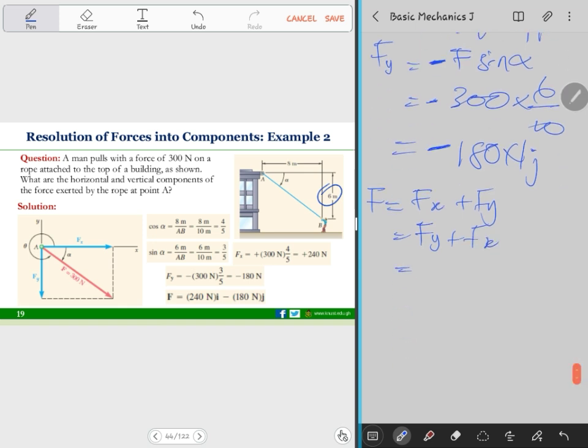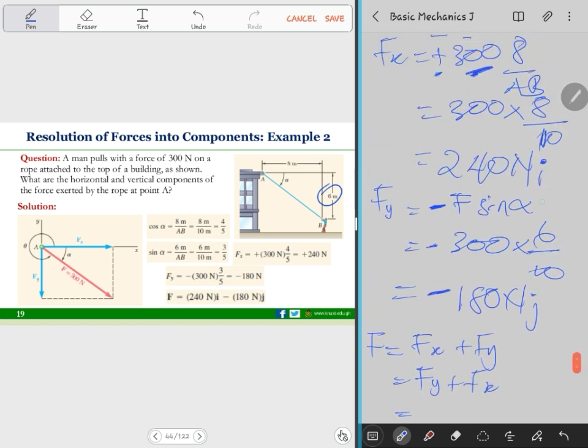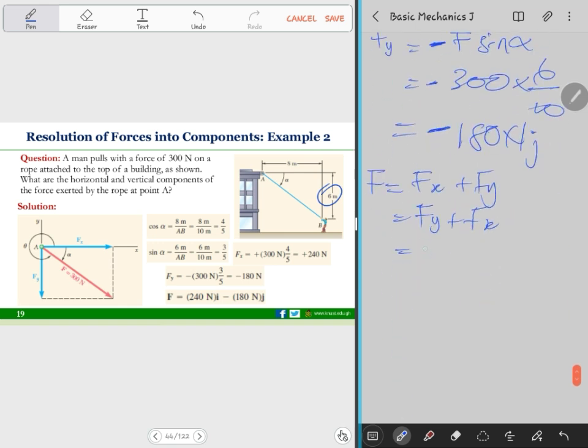So let's write the Fx first. We have it to be 240 newtons, I, minus 180 newtons.